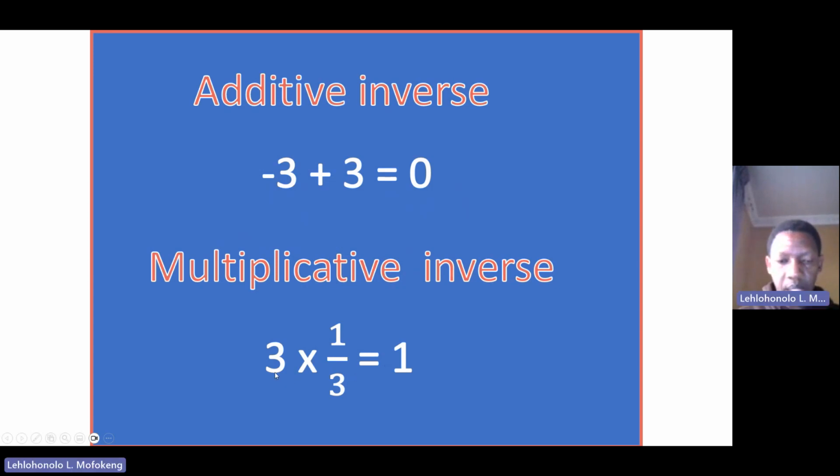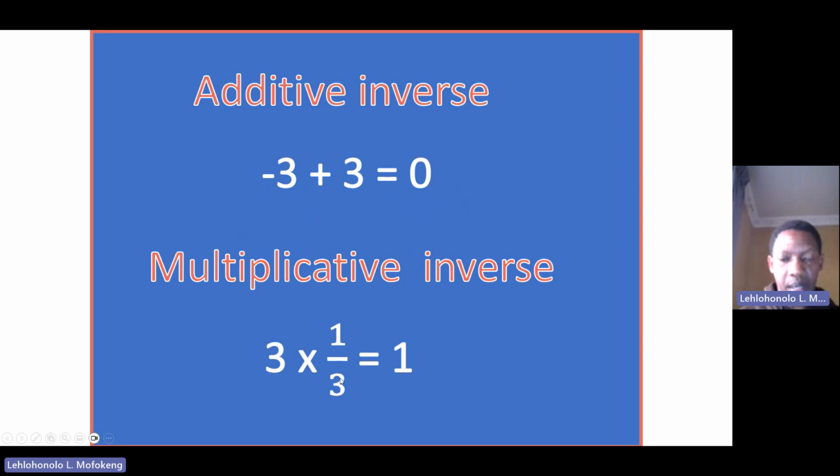The multiplicative inverse of 3 out of 1 will be 1/3. That simply means when you multiply 3 with 1/3, it will give you 1. And if we write 3 in the form of a fraction, it will be 3 out of 1.